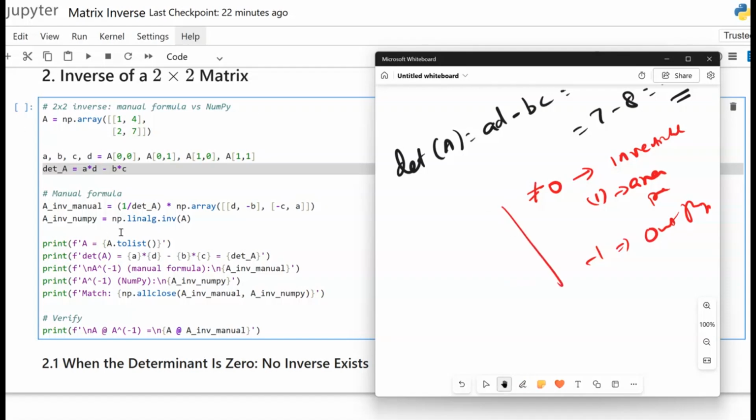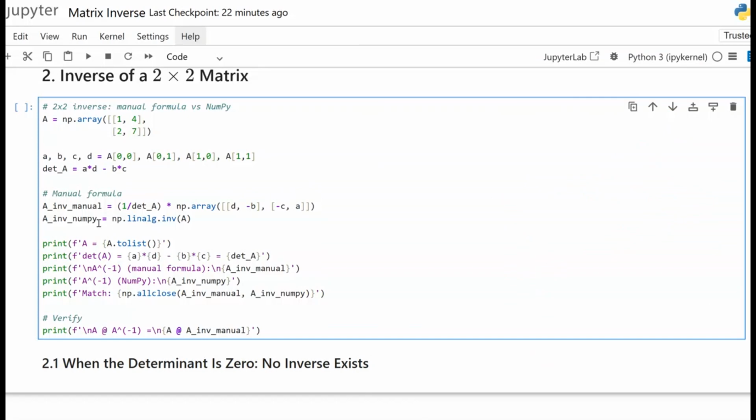Okay, now let me move on to the manual inverse formula. And next we are going to have NumPy. First let me discuss this manual inversion formula. Kindly observe: 1 by the determinant of A multiplied by this matrix.